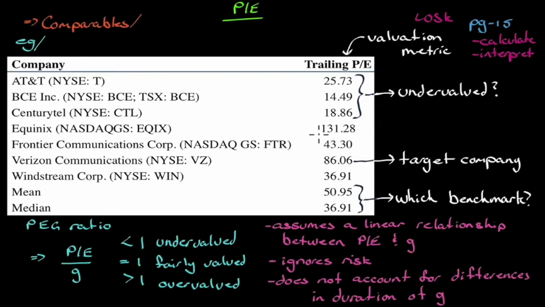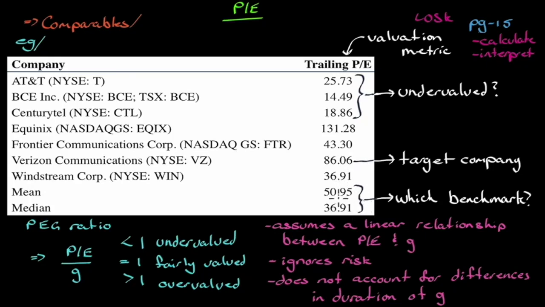I'm apt to classify this one as an outlier. But if I rank them from the highest to lowest and I take the middle value, which is the median, it removes the effect of this one pulling up the PE. In fact, this could be 10,000 and it still wouldn't change the median PE. So in a case like this, I would be more apt to take the median PE of 36.91.